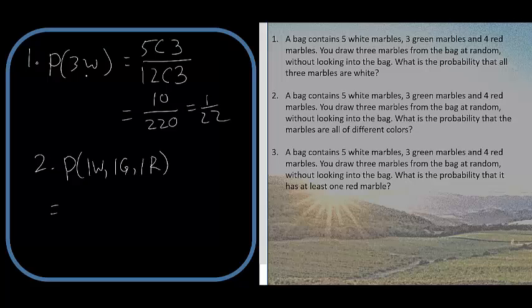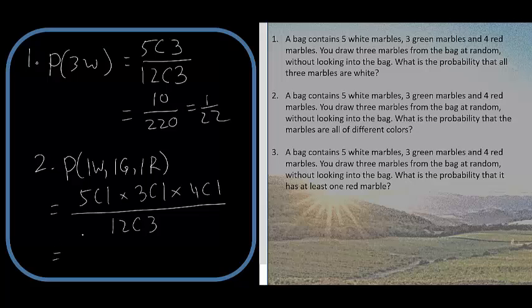So you can take 1 white from 5, so it will be 5C1 times, you have 3 green, so 3C1, and you have 4 red, 4C1, all over 12C3. Now we know that 5C1 is 5, 3C1 is 3, 4C1 is 4, over 12C3, which we know is 220. Now you can simplify this one and get your answer.